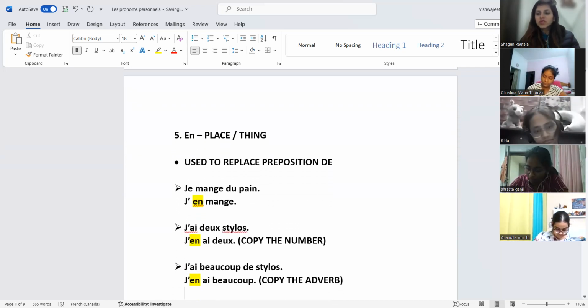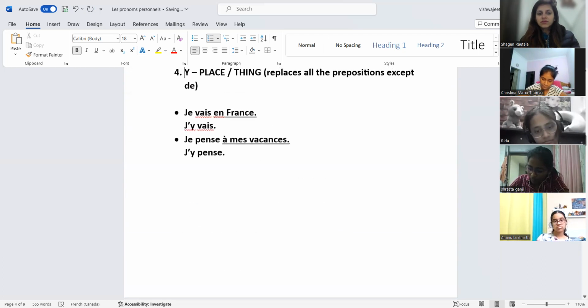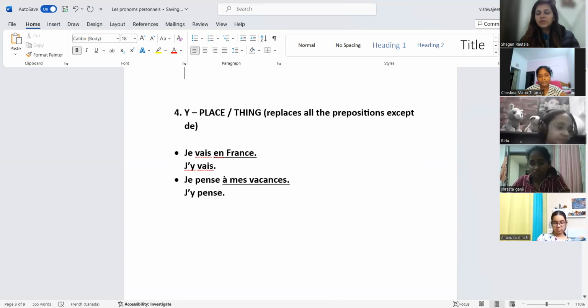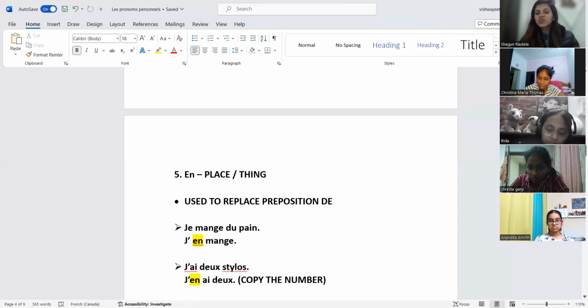EN has many usages. The first basic usage of EN is that, when we were saying Y replaces all the prepositions except DE, if DE is there in our sentence, what are we going to write? We are going to write EN, because EN is used to replace preposition DE. That's the first usage.